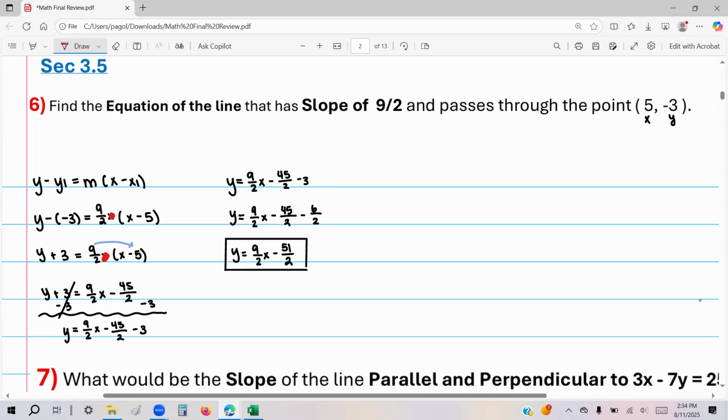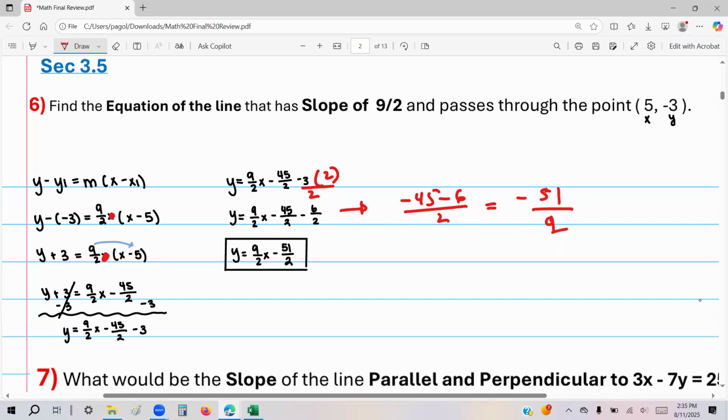Below 3, you need to put 2. But then you also have to put 2 on the numerator so that they have the same denominator. And they have the same sign. That means you have to add their numerators. So you get -45 minus 6 over 2, which is -51/2.